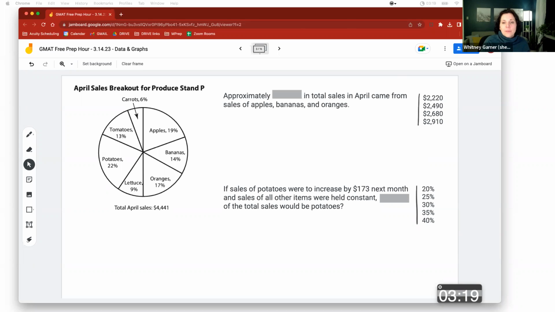How about the second one? And I should have mentioned this, we do get a calculator, which is really nice. All right. Okay, so I'm going to cut us off.